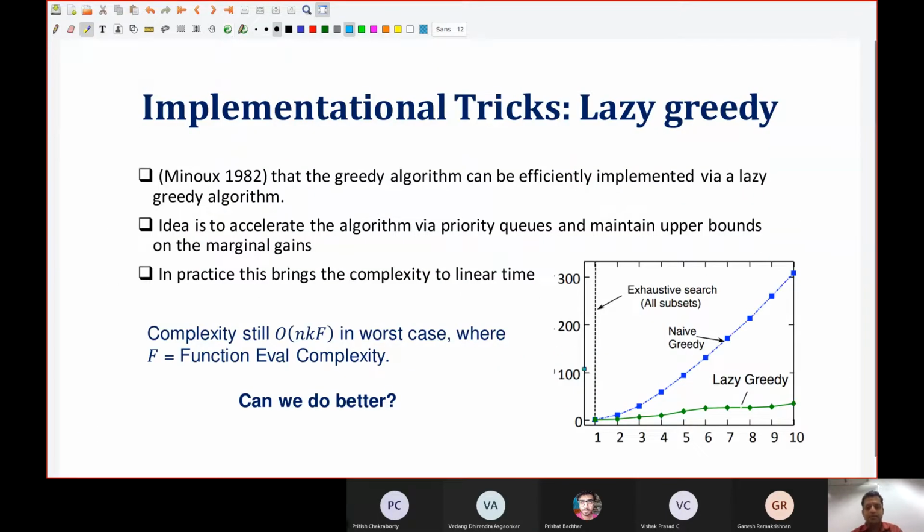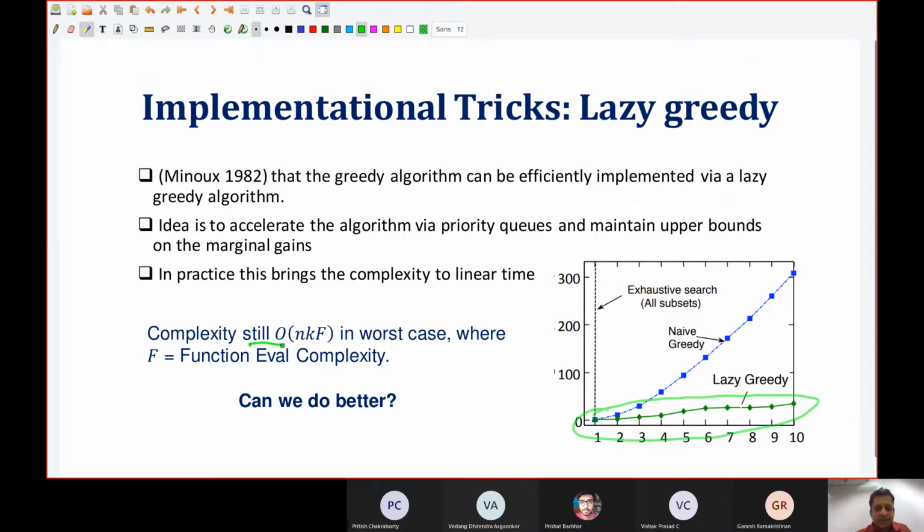Okay, so let's just look at this quickly. Naive greedy is this one. But lazy greedy, you can see the green one, and certainly it has brought a lot of value. Almost like a very sublinear growth with the number of elements.